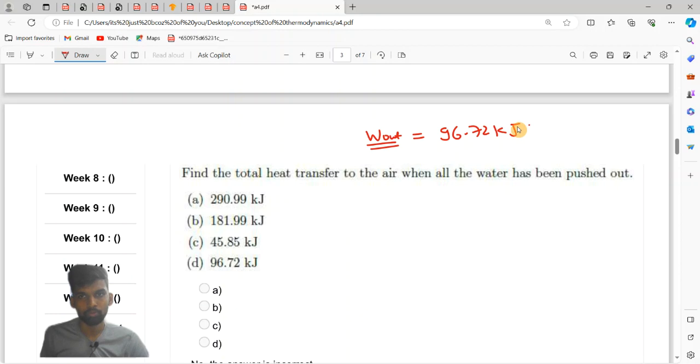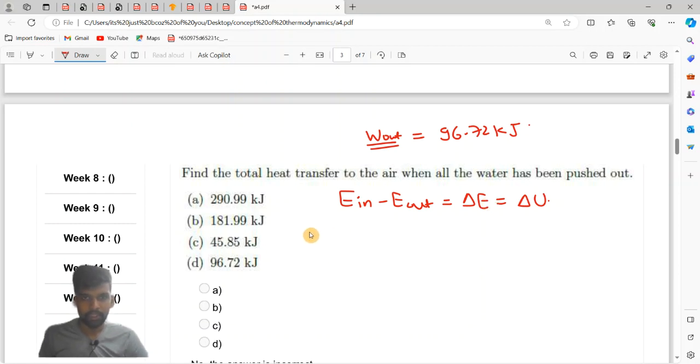It's in kilojoules. Okay. So from our energy equation that I explained to you in the first question, it is nothing but delta E, which boils down to delta U. Why? Because the kinetic energy and potential energy terms will not be significant here, because they have not even mentioned them.